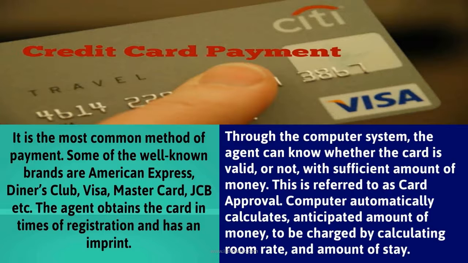When you go to the hotel, the receptionist asks you to pay, and if you want to pay with the credit card, you give him or her the credit card. In the process of registration, the receptionist makes sure that the credit card is valid, and it also covers the amount of money which you are charged with.